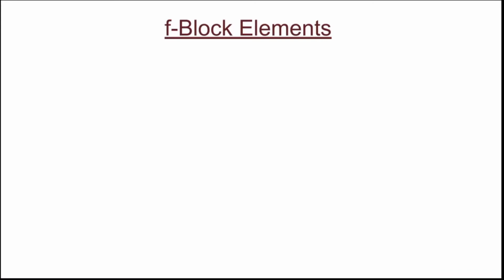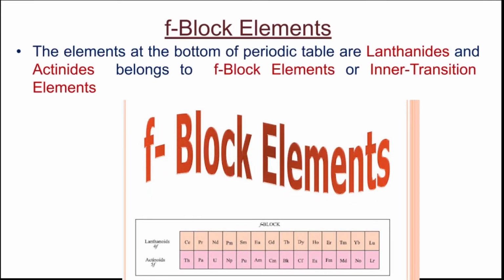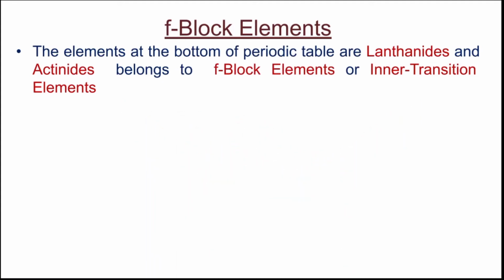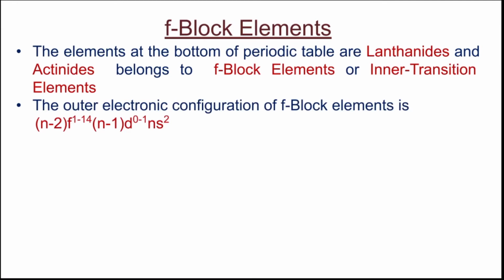Next we have f block elements. The elements at the bottom of the periodic table, lanthanides and actinides, belong to f block elements or inner transition elements. The outer electronic configuration of f block elements is (n-2)f 1 to 14, (n-1)d 0 to 1, ns2. The f orbital can accommodate 14 electrons.